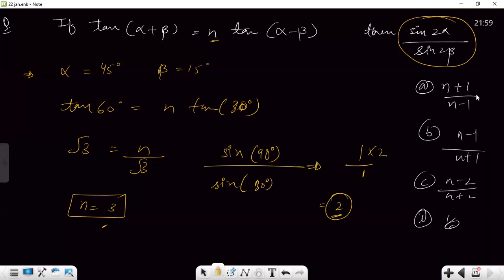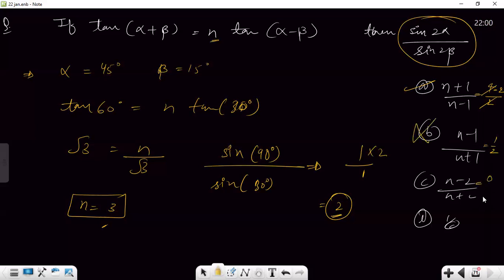Let's solve the values of the options. Option A becomes 3 plus 1, 4, divided by 3 minus 1, 2, which comes out as 2. So the first option is matching, but we also have to check the other options. Option B is basically the inverse of the first option, so this comes out as half, which is not matching.